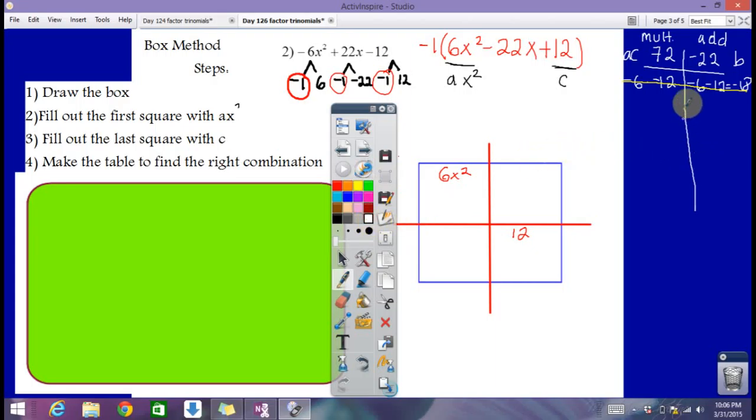So what other two numbers multiply to get 72? Another obvious one is negative 9 times negative 8. But when we add them, negative 9 minus 8, that is negative 17. And that is not the combination we're looking for either.